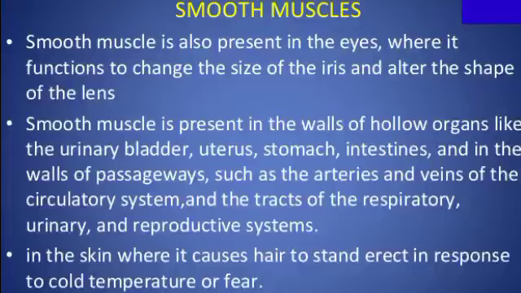Smooth muscle is present in the walls of hollow organs like the urinary bladder, uterus, stomach, intestine, and in the walls of passageways such as the arteries and veins of the circulatory system and the tracts of the respiratory, urinary and reproductive systems. It is also in the skin, where it causes hair to stand erect in response to cold temperature or fear. These muscles don't move according to one's will, such as those of the heart and kidneys.